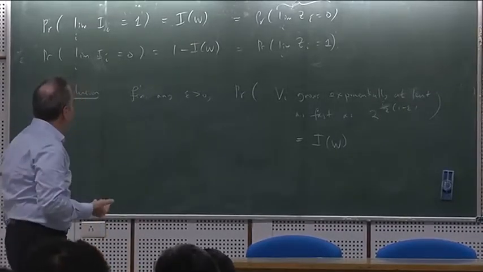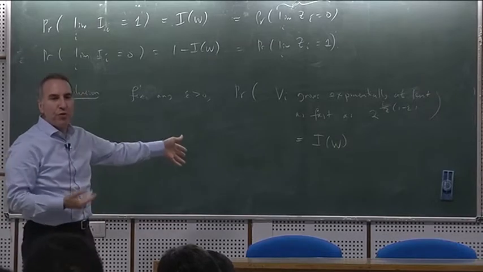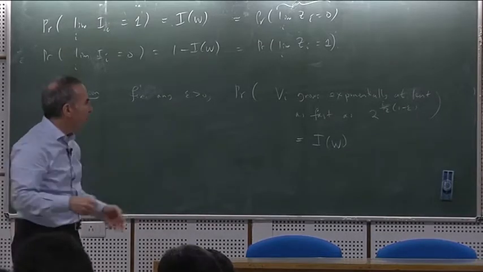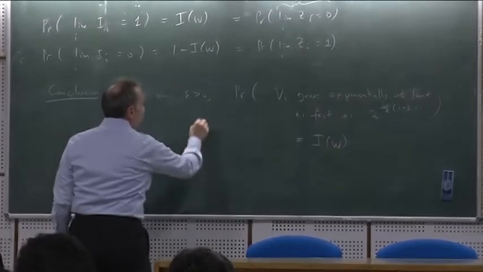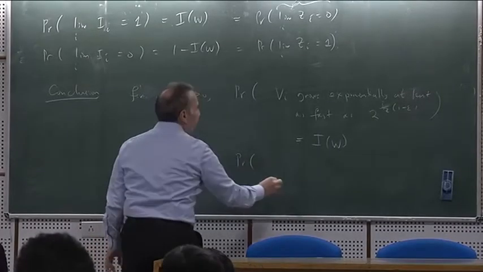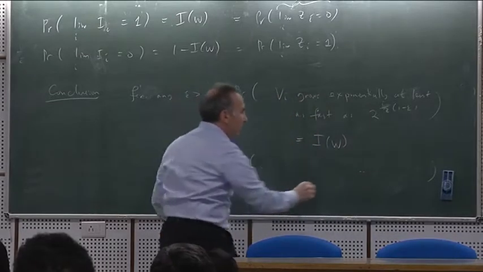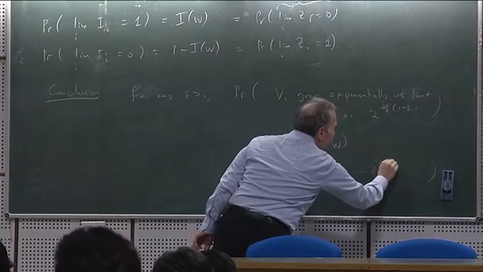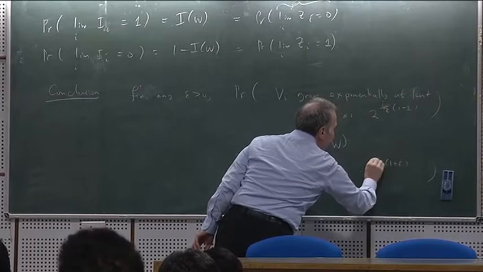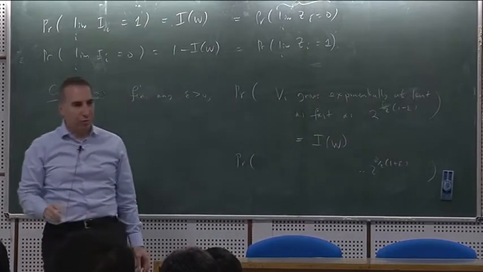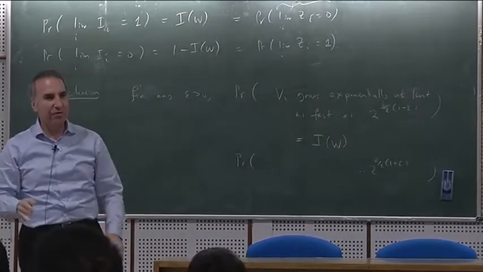All right. We also showed by the upper bound technique that the chance of the vi growing exponentially at least as fast as 2 to the I over 2, with 1 plus epsilon, that is, if I ask the vi to grow faster than that.